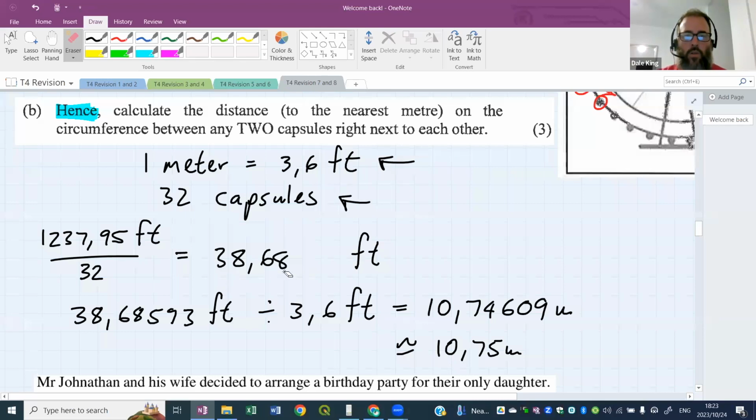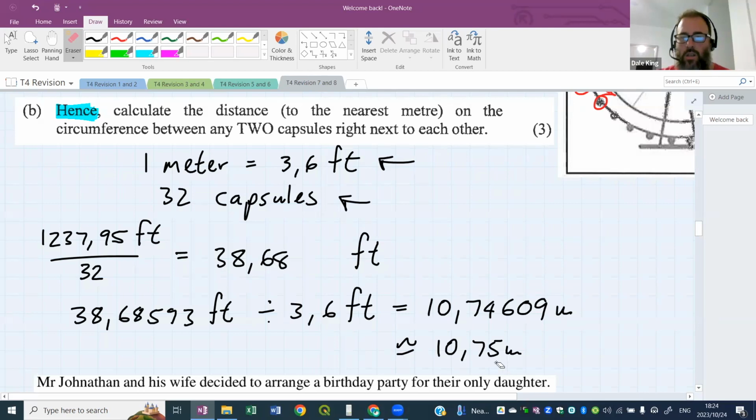If you've rounded it off, they're going to say, oh, okay, he's rounded off here. I hope it doesn't mean that his answer is incorrect. So they'll check here 38,68, or maybe you round it up to 38,69, and they're like, oh, okay, we're expecting an 8 here, but it's fine. Let's go down to the answer. If your answer is still 10,75, it's not an issue.